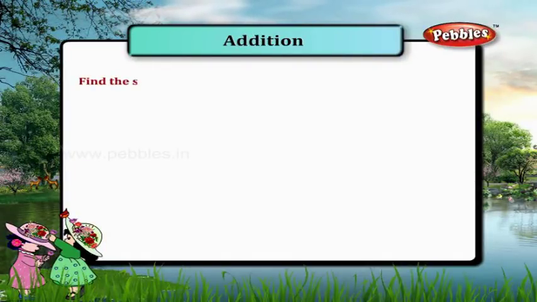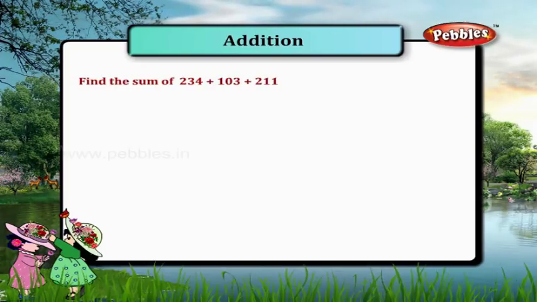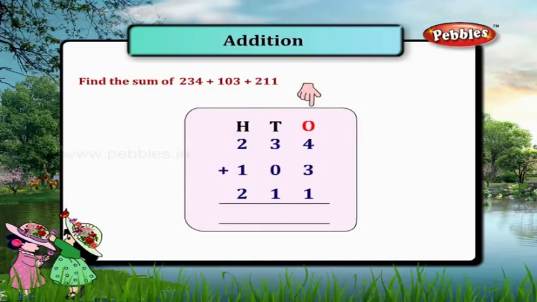Find the sum of 234, 103 and 211. Add the ones first. 4 plus 3 plus 1 equal to 8.